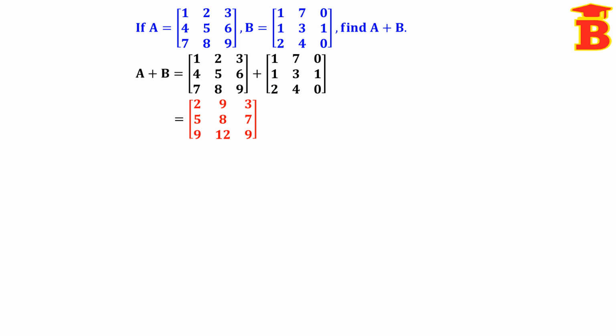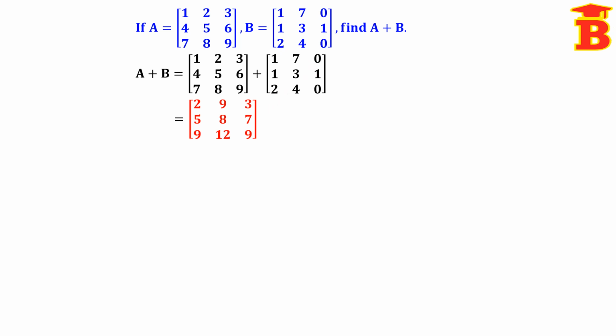So take the first row, add with first row corresponding elements. Next, take the second row and add with second row corresponding elements. That is 4 plus 1, 5. 5 plus 3, 8. 6 plus 1, 7.